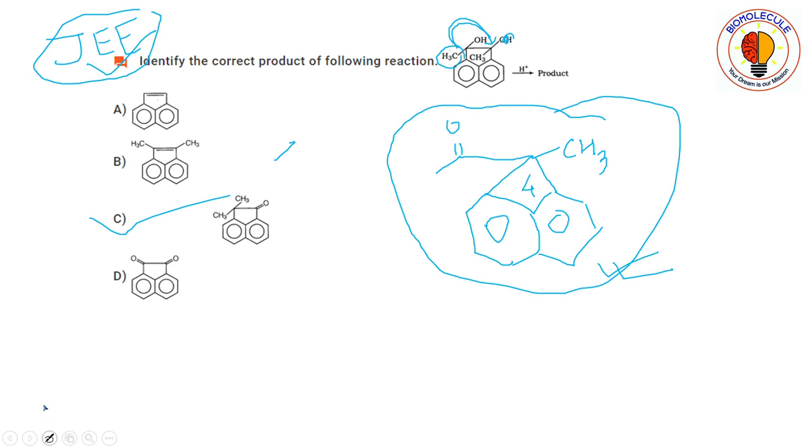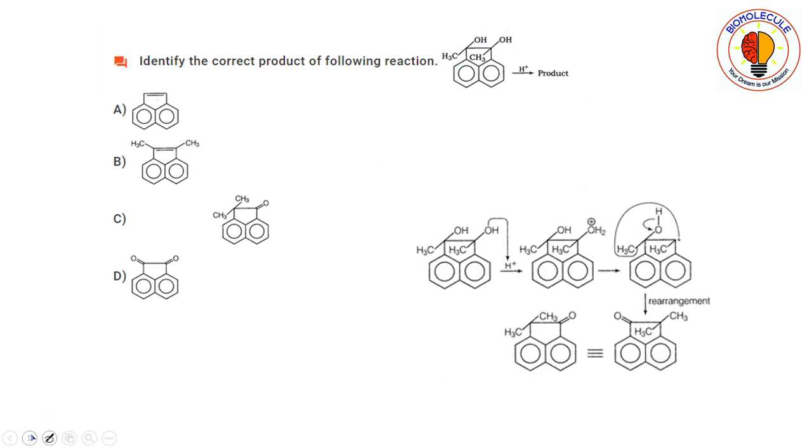So this is our answer mechanism. See here, you can just protonate any of the hydroxy group, because these both carbons, this carbon and this carbon, are symmetrical, so you are protonating this hydroxy group.